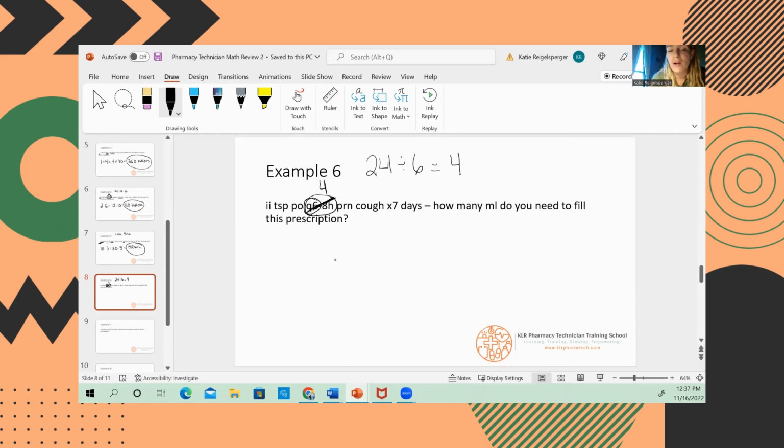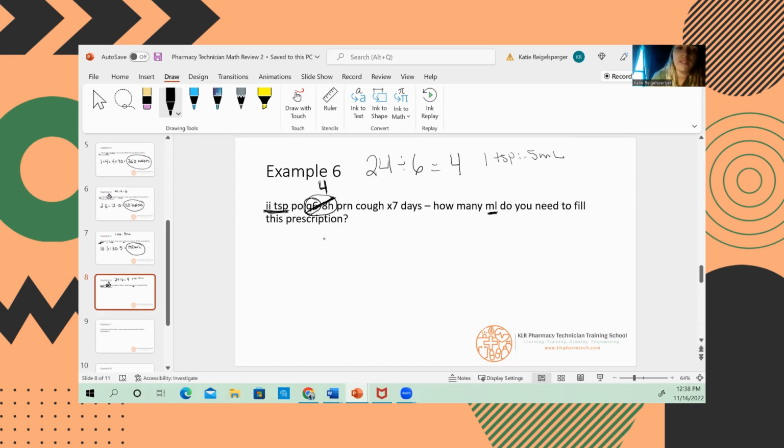We have to find out how many times a day it is. Okay. The next thing that we're going to look at is that we want our answer to be in milliliters. They want to know how many milliliters. So we have to convert this teaspoons to milliliters. 1 teaspoon again equals 5 milliliters.